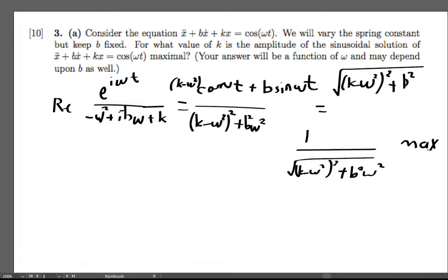Okay, I figured something out. k minus omega squared over the square root of k minus omega squared plus b squared omega squared is 0. So I think k is omega squared.